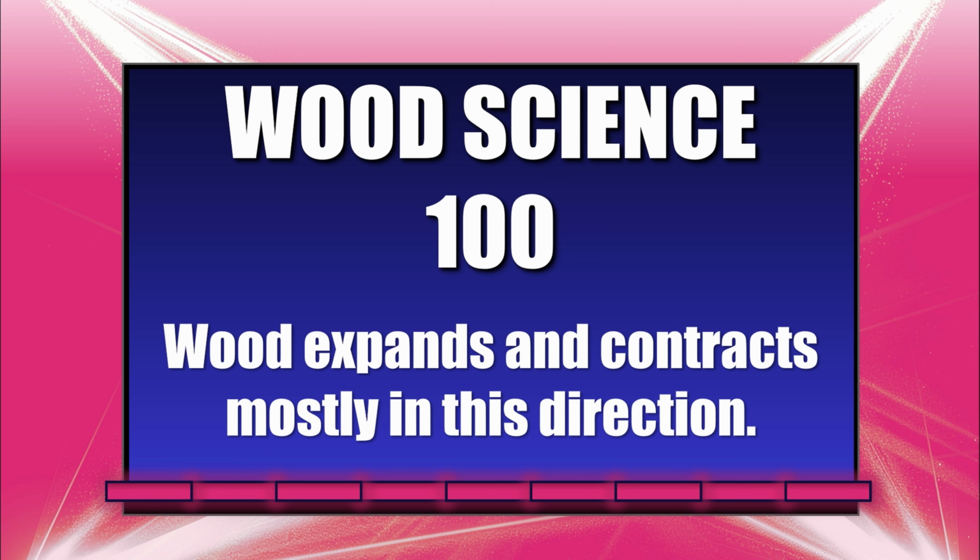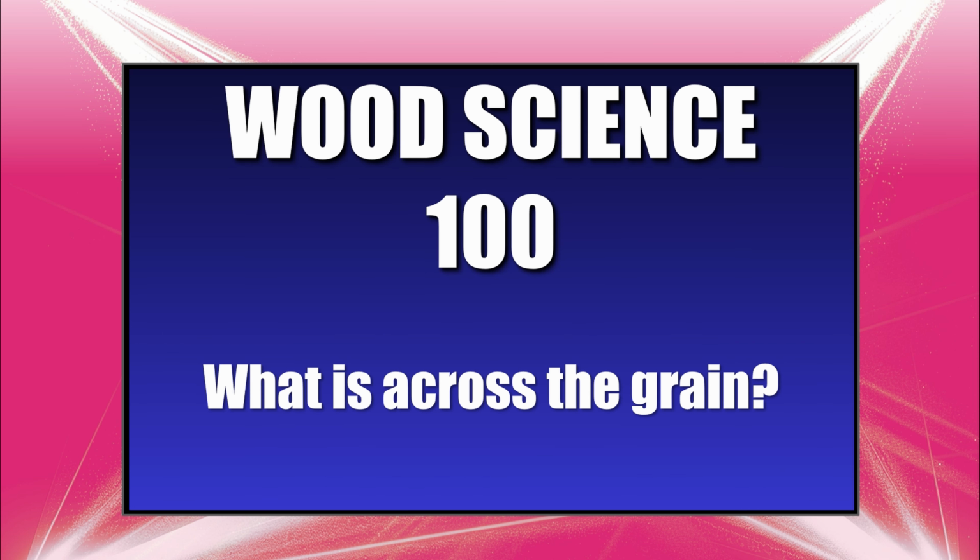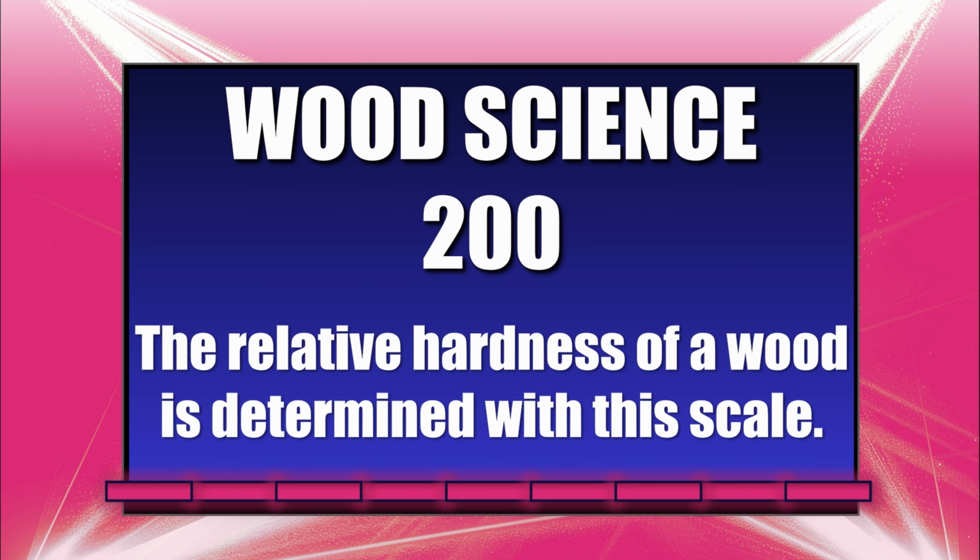Wood expands and contracts mostly in this direction. What is across the grain? Wood science for 200. The relative hardness of a wood is determined with this scale.